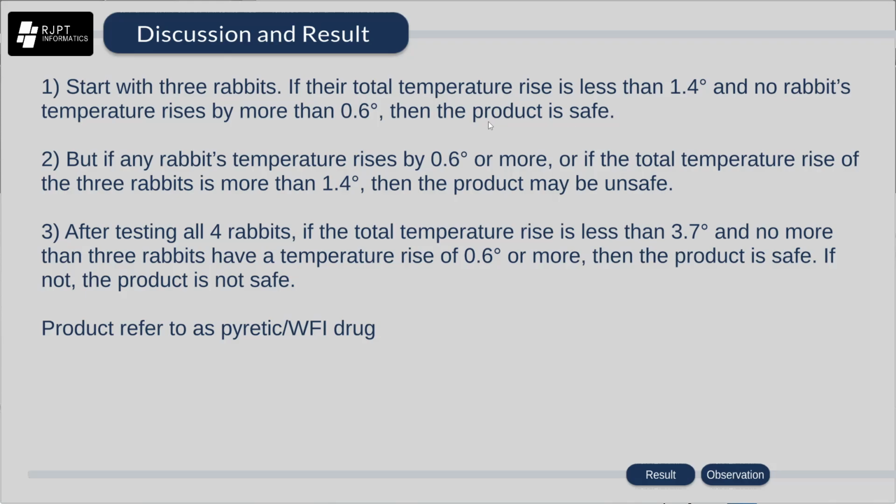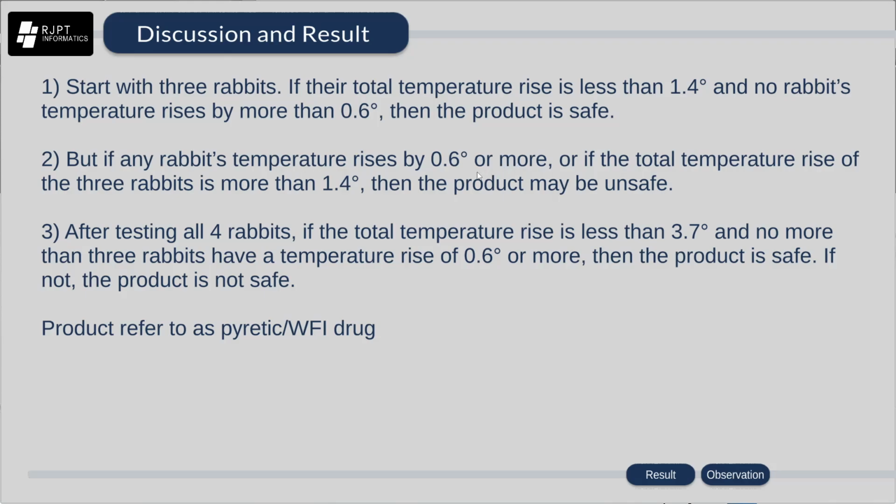Which means, if the total temperature of all the three rabbits is less than 1.4 degrees Celsius, and if none of the rabbits' temperature has risen by 0.6 degrees Celsius, then the product is safe.